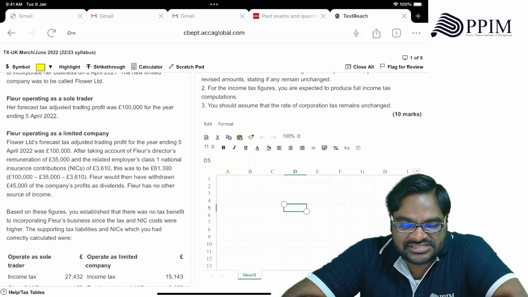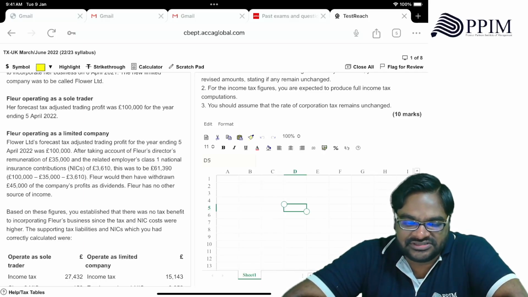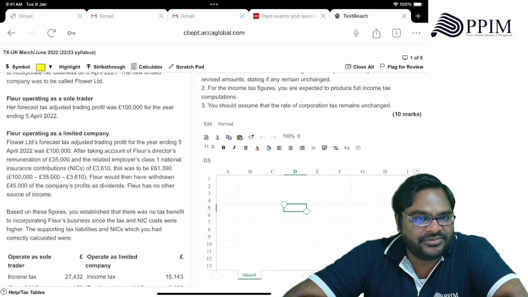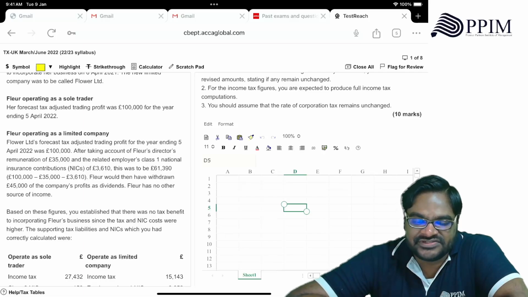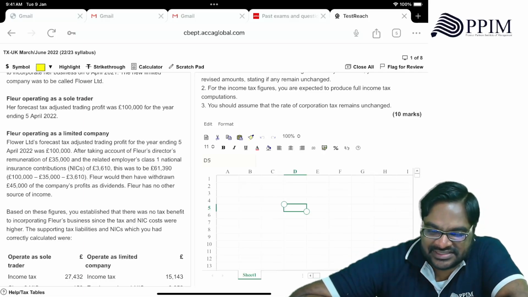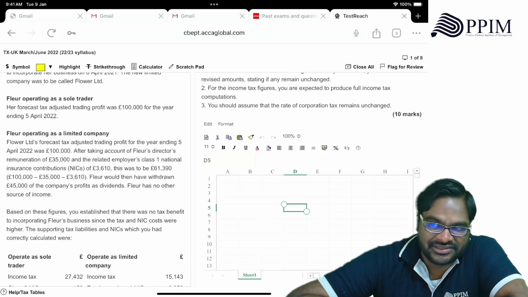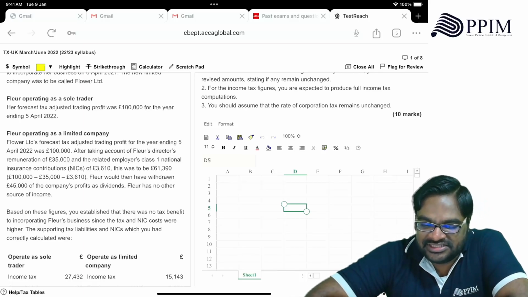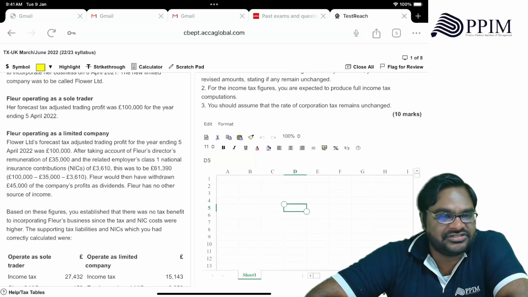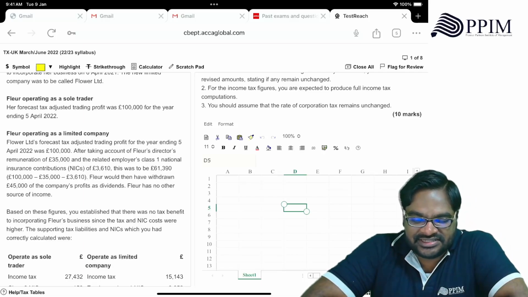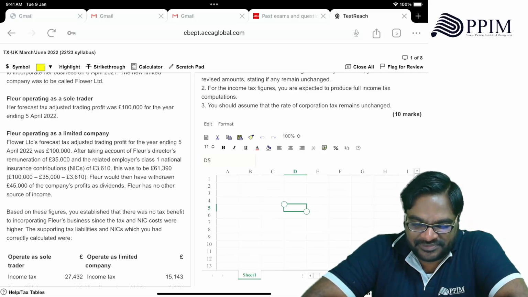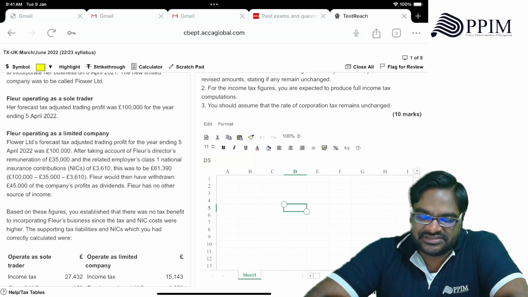Fleur, operating as a sole trader, her forecasted tax adjusted trading profit was 100,000 for the year ending 5th April 2022. So it should be the same amount even if she operates as a company, right? Tax adjusted trading profit should be the same. So Fleur Limited's forecasted tax adjusted trading profit was also £100,000 after taking into account Fleur's director's remuneration, £35,000, and the related class 1 national insurance contribution 3,610.